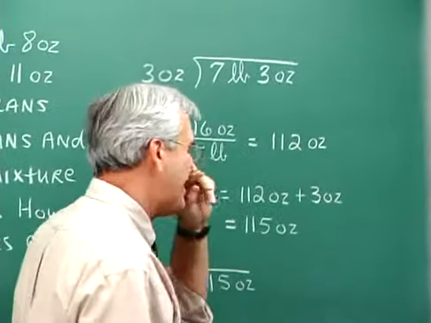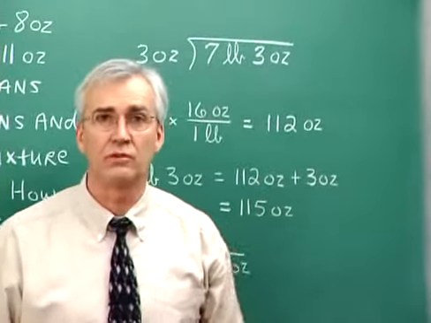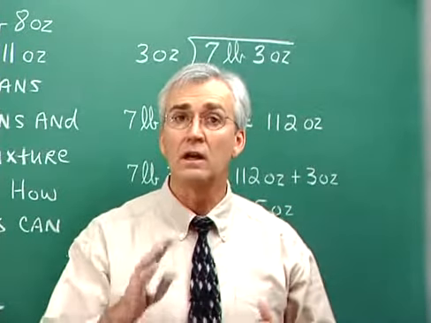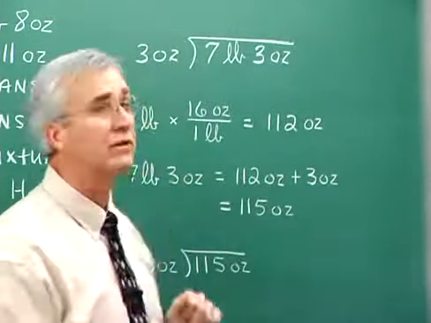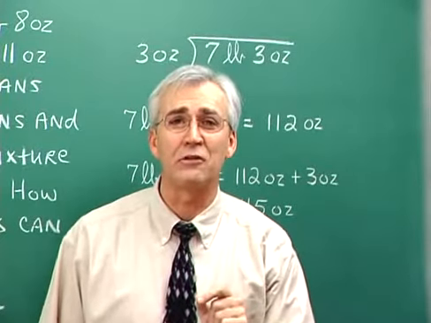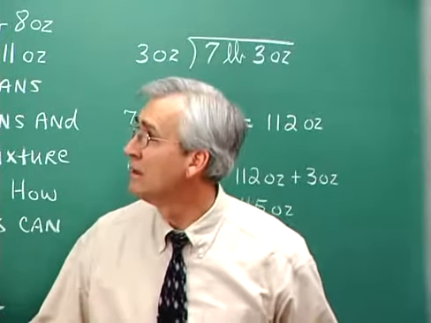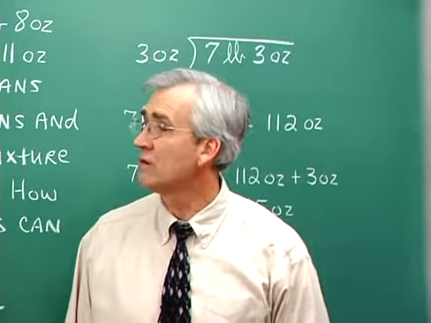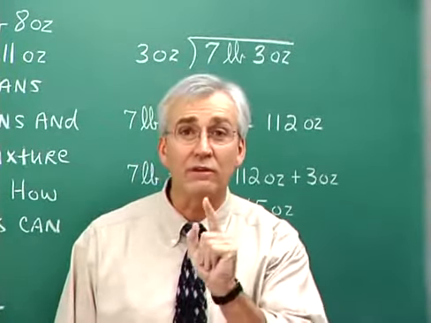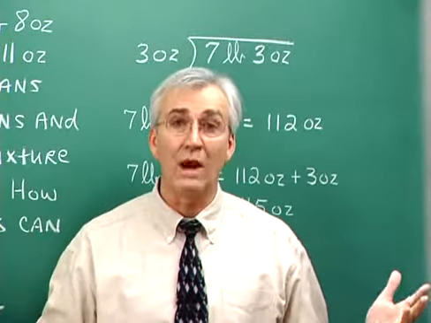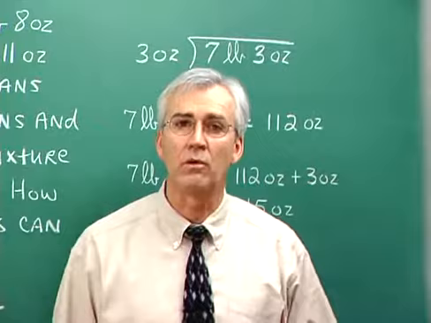All right, it's important in this problem and I want to point out carefully the difference between dividing by 3 ounces and just dividing by 3. You see, in the previous problem, we had 7 pounds, 14 ounces divided by 3. We were dividing that amount of weight into 3 equal parts.